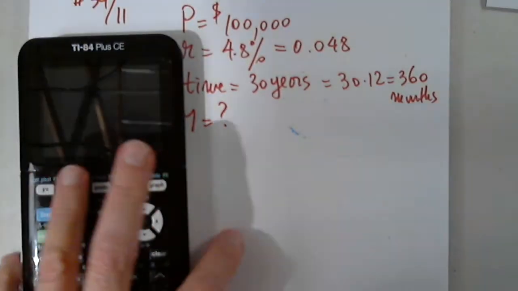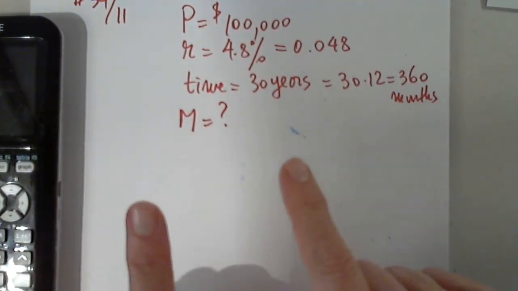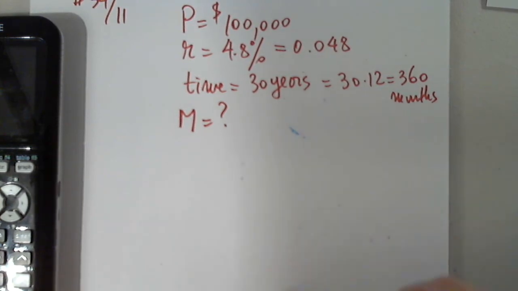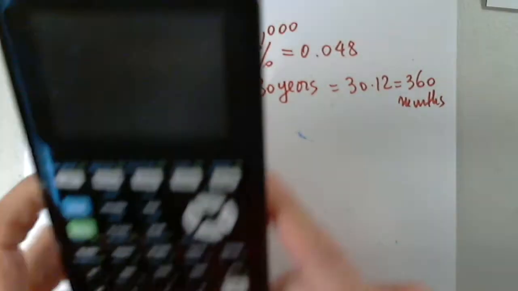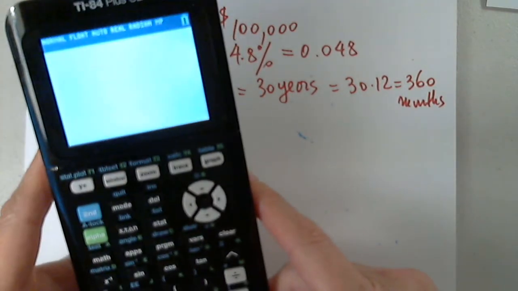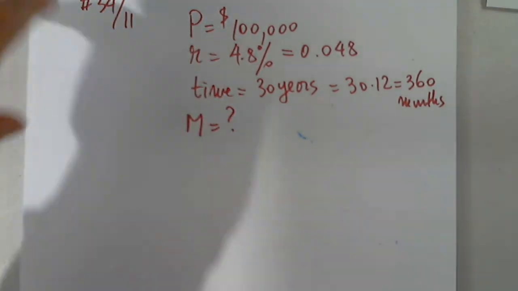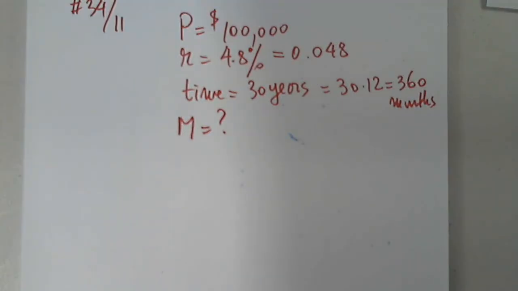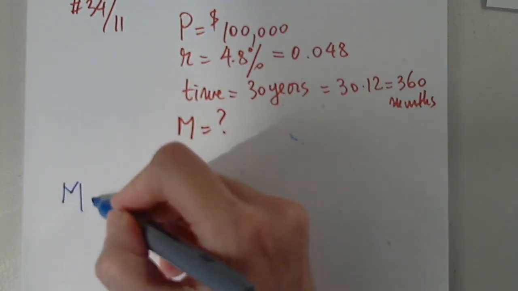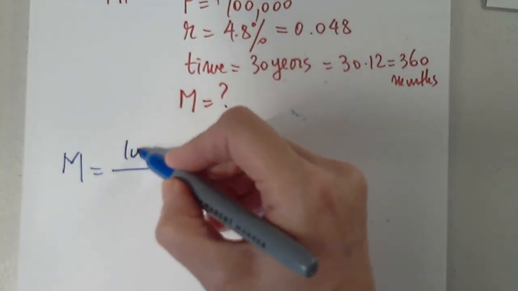Now the question is, first of all, let's enter each and every piece of information, and we have to be extremely careful. I don't trust their parentheses. You may, that's fine. I don't. So I will have to put the parentheses that I think need to be put in for a correct answer. So now let's enter all the information. So for the monthly payments, we have the principal, which is 100,000.